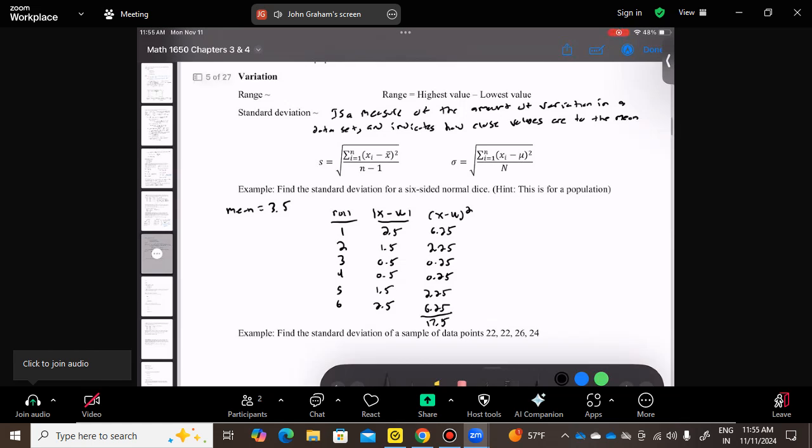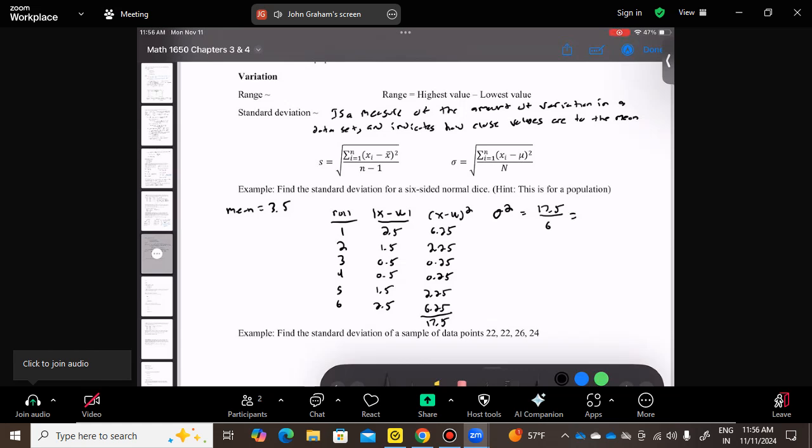Now to find the variance, start with that. Sigma squared is your symbol for it. It's going to be equal to 17.5 over the number of sides on a die, which is 6.